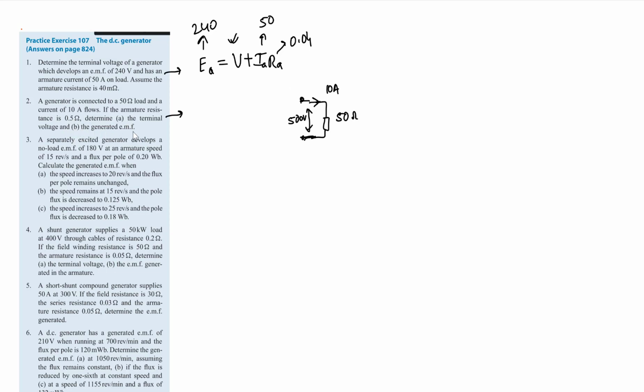If the armature resistance is 0.5 ohm, determine the terminal voltage and generated EMF. The 500 volt is the terminal voltage, and this is the armature resistance. I need to find the generated EMF. So EA is equal to V plus IA RA.